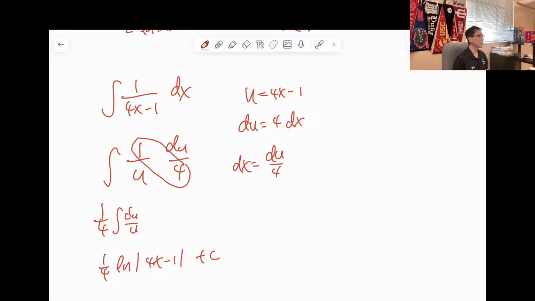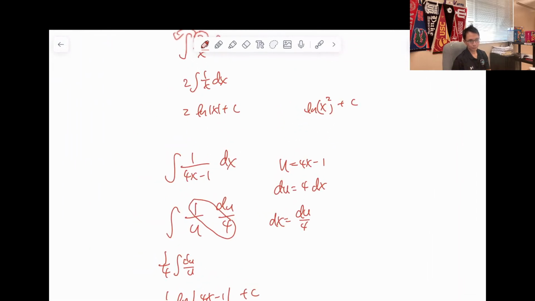Please, u equals something. Please take the derivative to get du. Please don't forget the dx. Please don't forget to solve for dx. Plug it back in, convert everything in terms of u, including the boundary. Including the boundary. Make sure to do everything in terms of u if I have definite integrals. You go back to the very top.